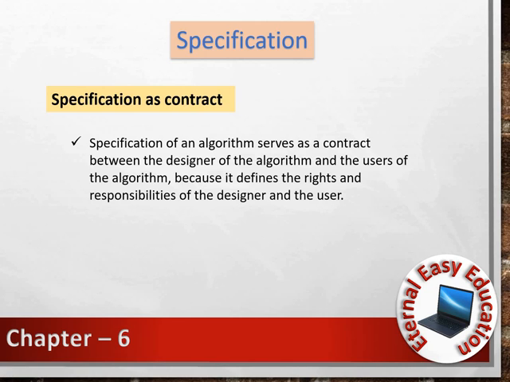Here, you are the designer because you are going to write the algorithm for a program. The person who writes the algorithm is the designer, and the person who is going to use that program is the user or the client, because the specification defines the rights and responsibilities of the designer and the user. So there are rights and responsibilities.